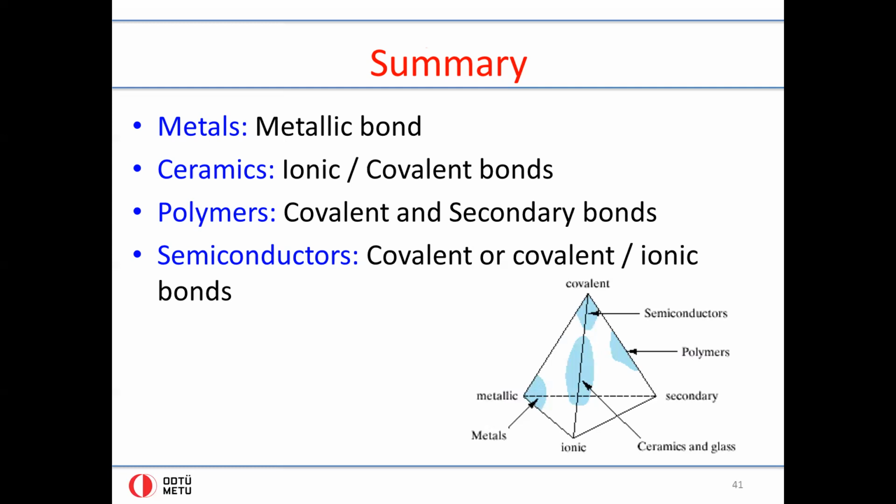So the category is related with the bonds and vice versa. And understanding this slide here is crucial to understanding what to expect from a new or an unknown material.